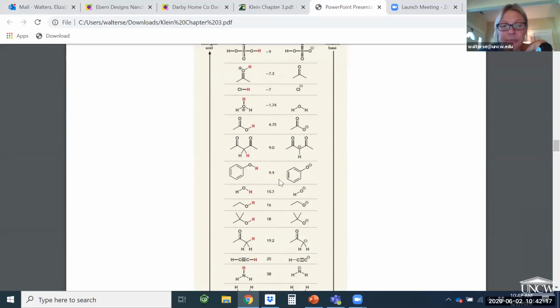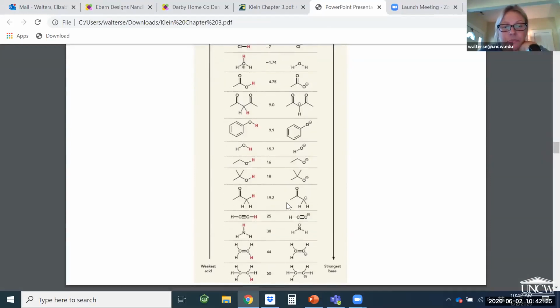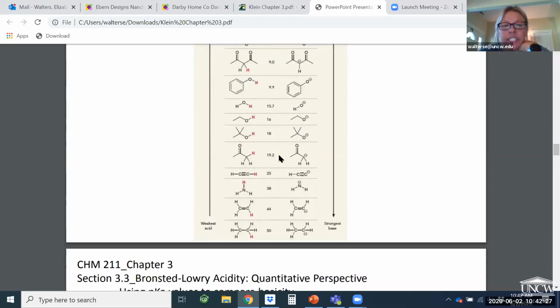It has a pKa of 10. Water and other alcohols, you can put about 15 or 16. Ketones are about 20. This one we'll come back to at the very end. The terminal alkyne, 25. Alkenes, mid 40s.